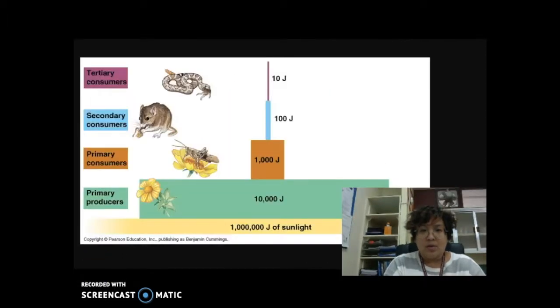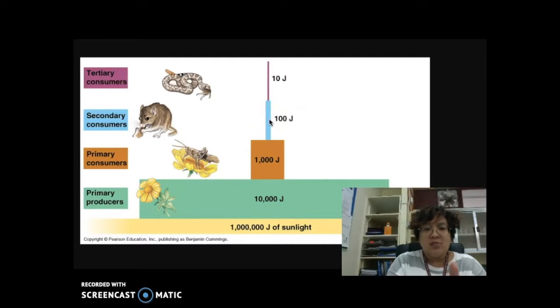So what you notice here is it's not a triangle, it's not a pyramid, and as you go from your producer to the primary consumer, secondary, tertiary consumer, we are losing a large amount of energy.